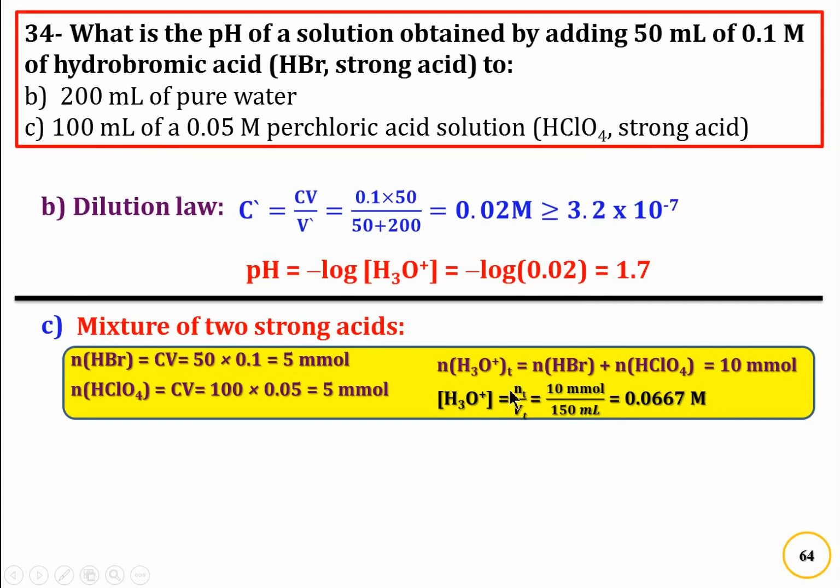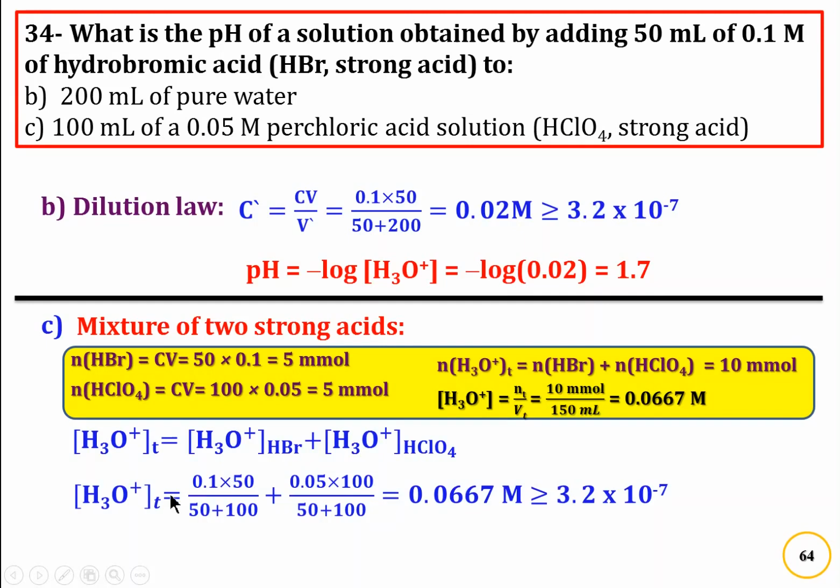Pay attention: when n is in mole, V is in liter, and when n is in millimole, you can put V in milliliter. Or you calculate directly the concentration of H3O+ total as the concentration of H3O+ from HBr plus the concentration of H3O+ from HClO4, and you apply the dilution effect, C initial V initial equals C final V final.